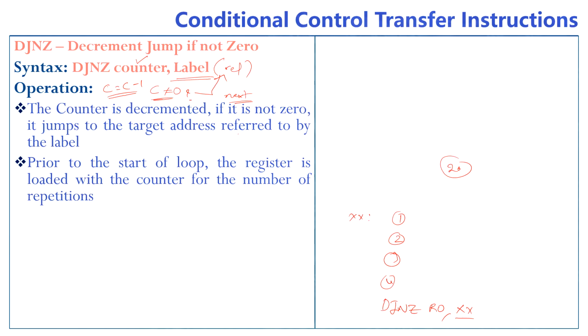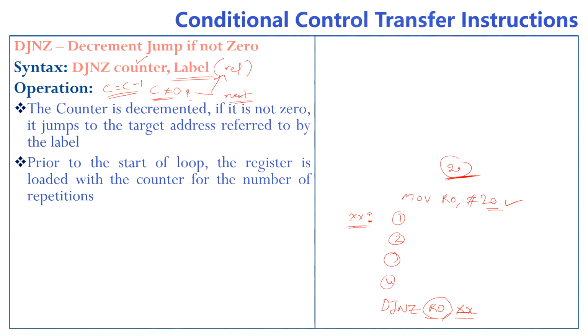So this destination address needs to be placed here. The label should be placed with a colon. Prior to the start of the loop, whatever counter register we use should be loaded with MOV R1, #20. Here I consider this a decimal number, that's why I ignored the H. So this is a decimal 20.